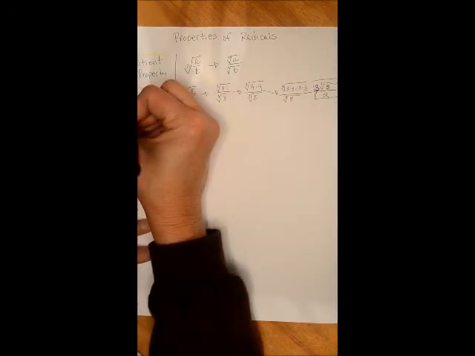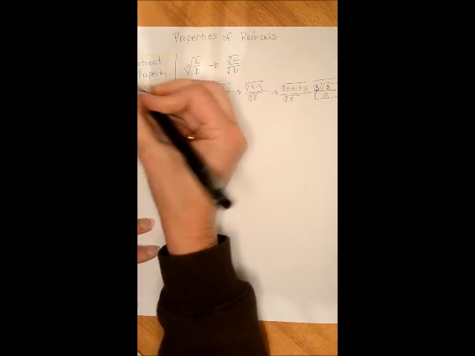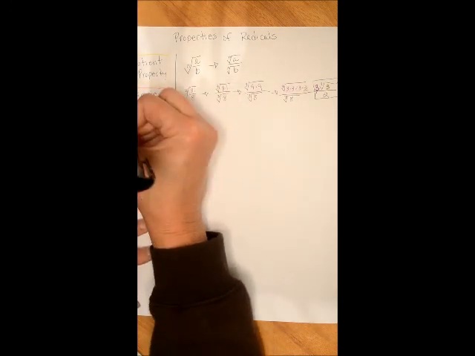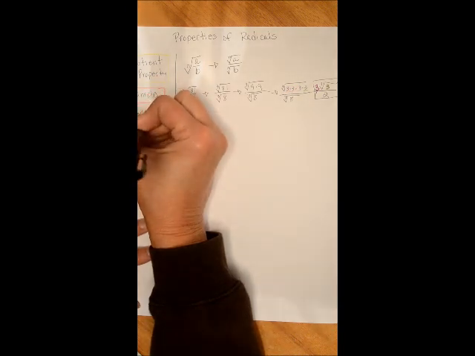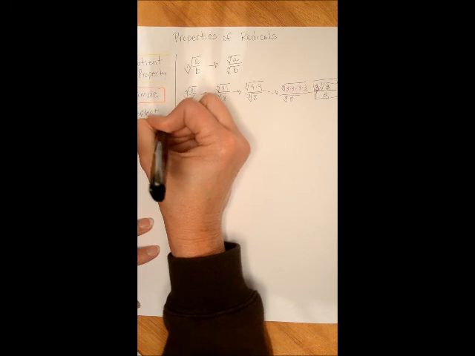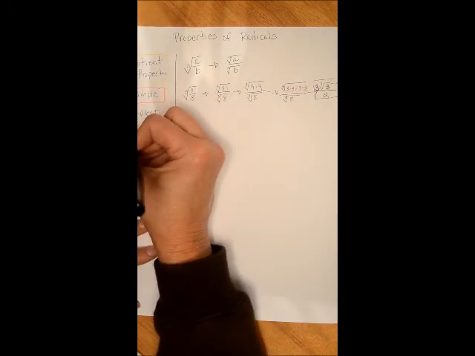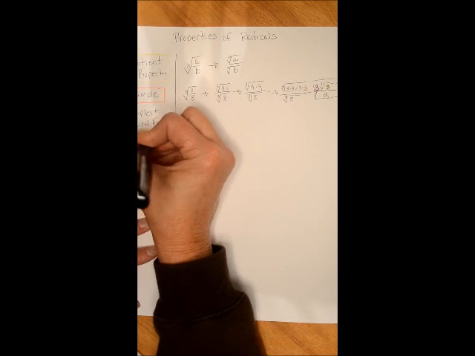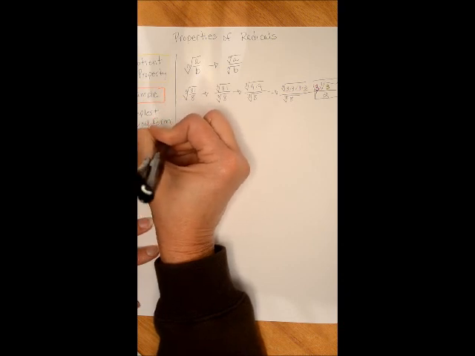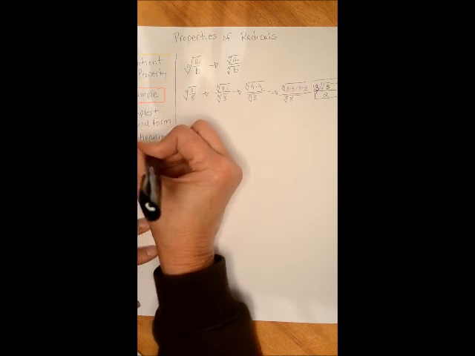Now, I told you that simplest radical form has another piece to it. And I think you probably remember this from geometry. The second piece is that you have to rationalize the denominator.